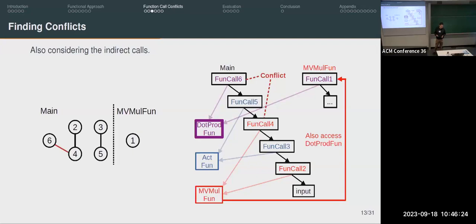And you can see function call 6 uses the result from function call 4, so they have a relationship of data dependence. So there is a conflict. And we can also apply the same rule to function call 6 and function call 4. So you can see we find all the edges, but what do they mean?